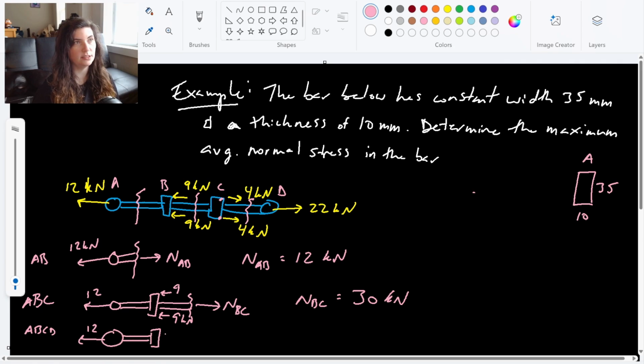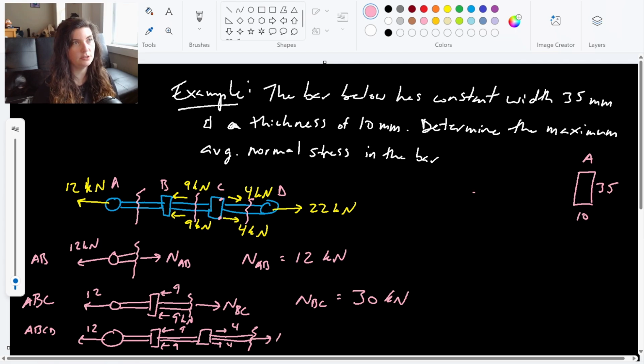Come down, I still have the 9 and 9, and then I have the 4 and 4, now in the opposite direction, and then I have that cut through there.